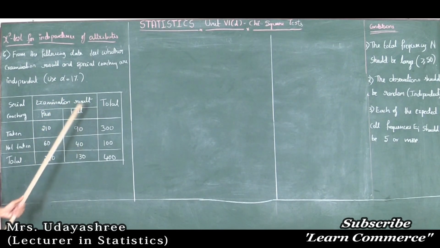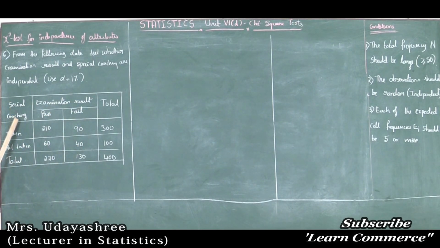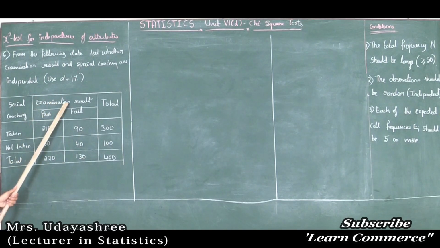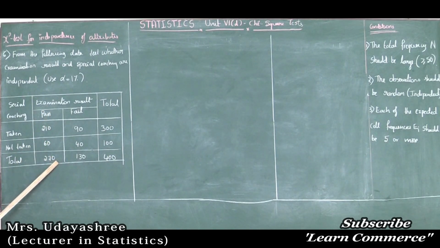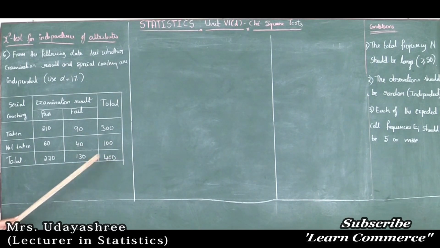Totals are also given: special coaching class taken total is 300 and not taken total is 100. Total passed observations are 270, total fail observations are 130, and overall total is 400.